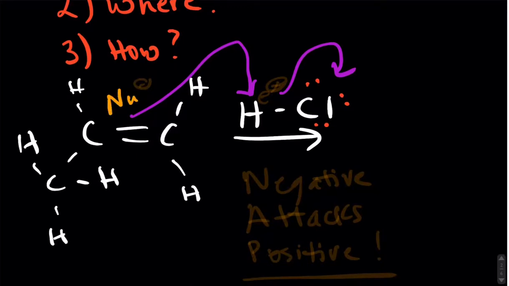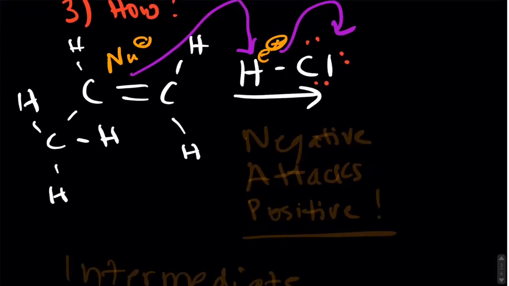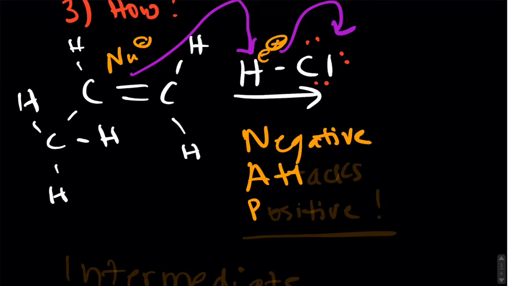So this is our nucleophile, and then what is our electrophile? This is our electrophile. So remember, negative attacks positive is the simplest way to put it when you're trying to understand nucleophiles and electrophiles. So this is how I always learned it. Negative attacks positive.